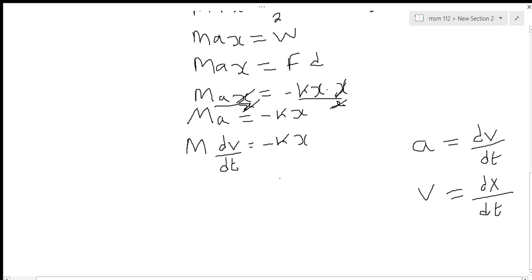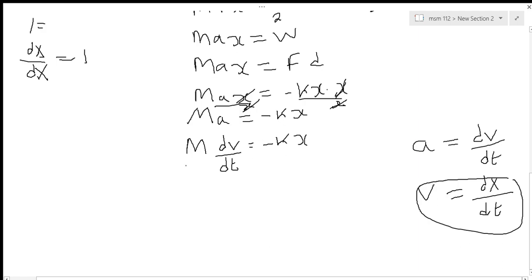So we want to introduce velocity in this equation. The best way to do this is to multiply by a special one, something which will equal 1. In this case, we will decide to multiply by dx over dx, because this will give you 1. It's just 1. It's a special one.